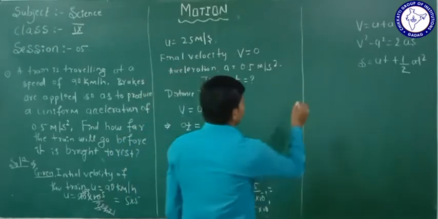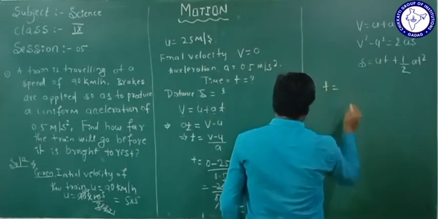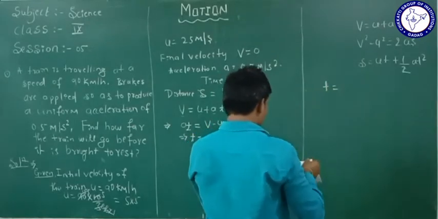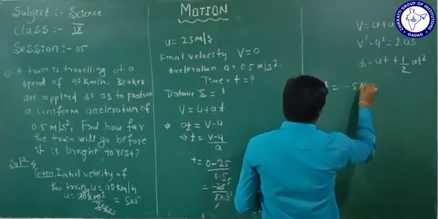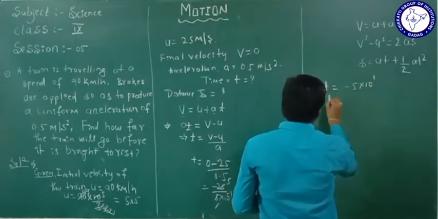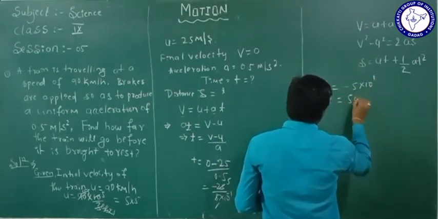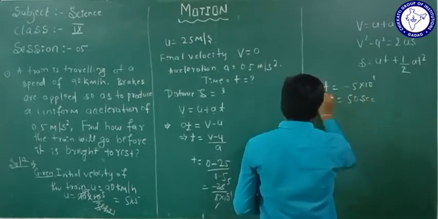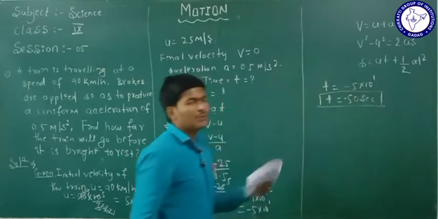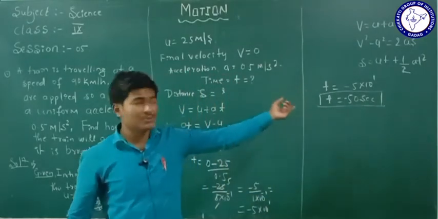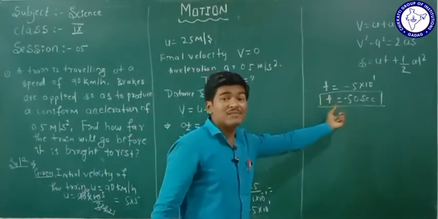Therefore time t is equal to 50 seconds. We get a minus 50 seconds, but we have to take it as positive, because time is always positive.